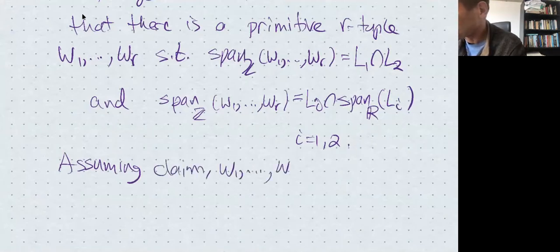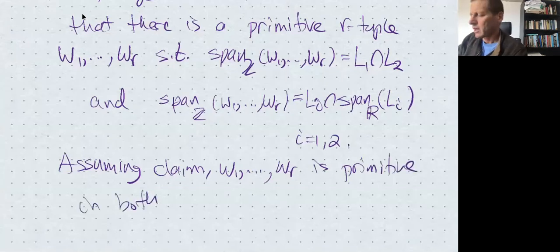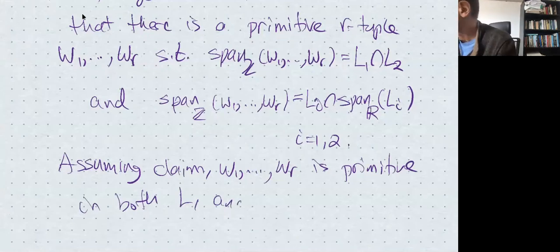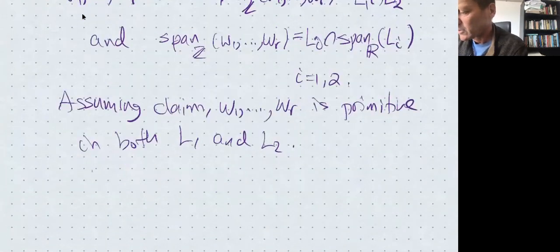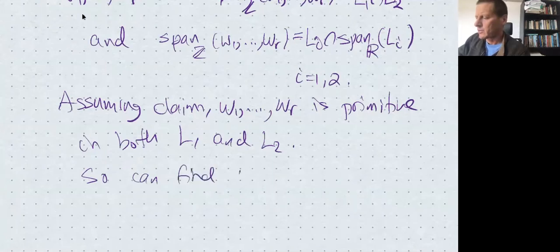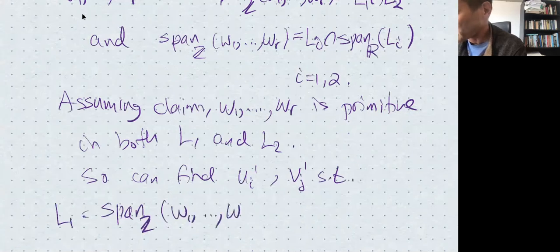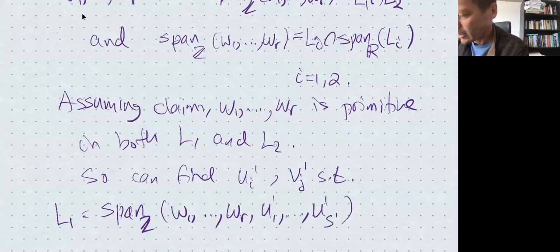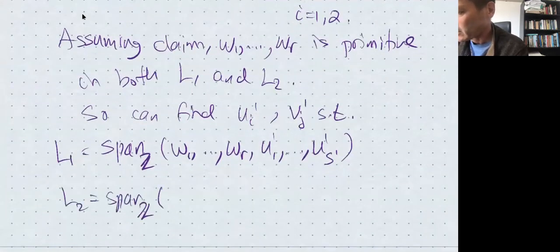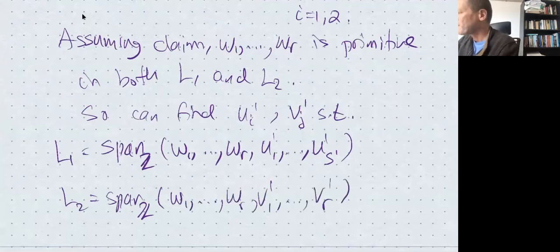So by the claim, W1 up to WR is primitive in both L1 and L2, and I can complete it to a basis, so we can find Ui prime and Vj prime such that L1 is the span over Z of W1 up to WR, U1 prime up to Us prime, and L2 is the span over Z of W1 up to WR, V1 prime up to Vr prime.